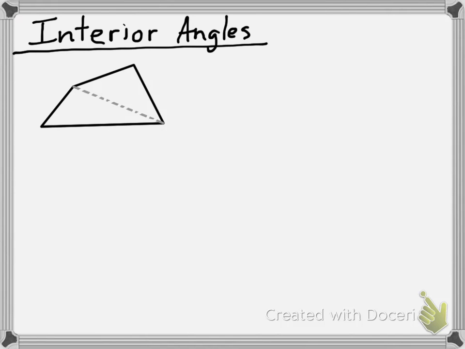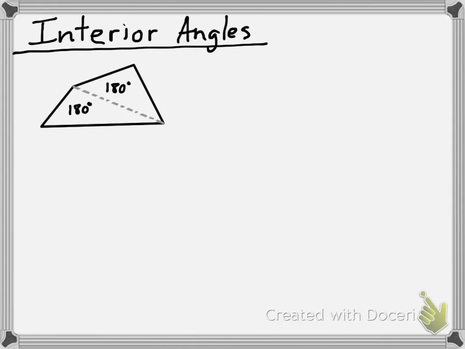If I kind of cut this quadrilateral in half, I get two not right triangles, but two triangles. Okay? Now, a lot of you may remember that the interior angles of a triangle all add up to 180 degrees.